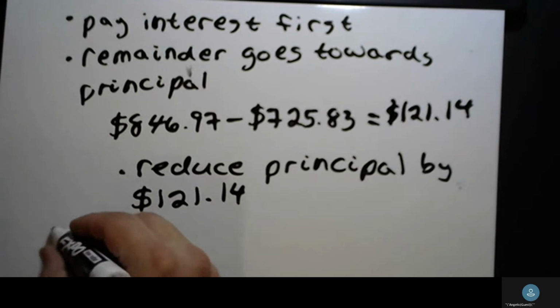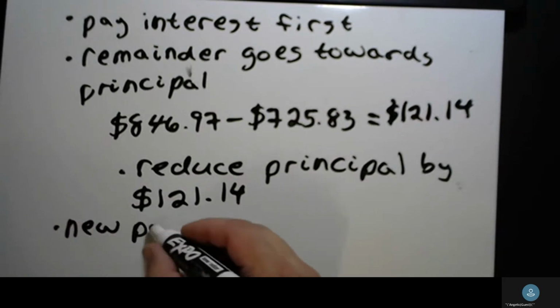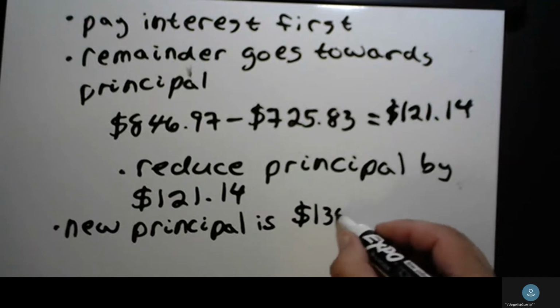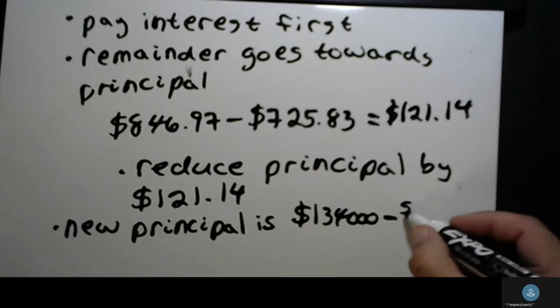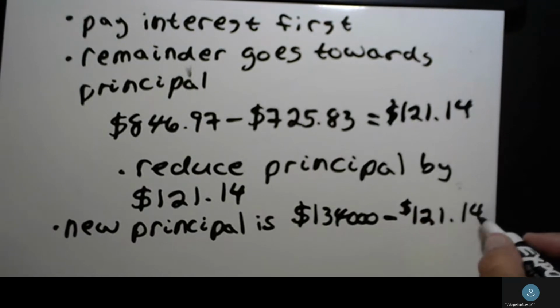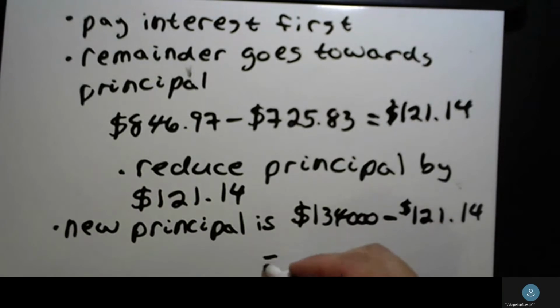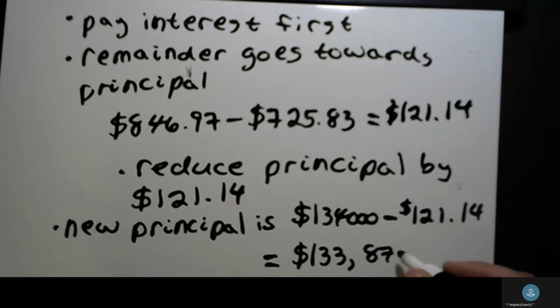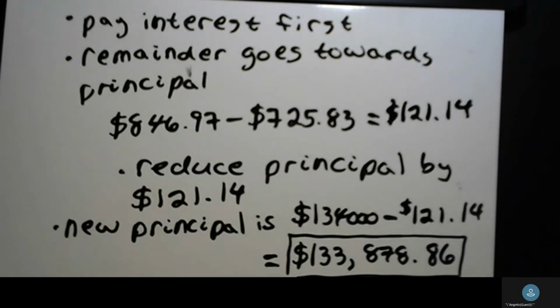So at the end of this first month, the new principal is $134,000 minus 121.14, and that equals $133,878.86. So again, at the end of the first month, that's what we have reduced our principal by.